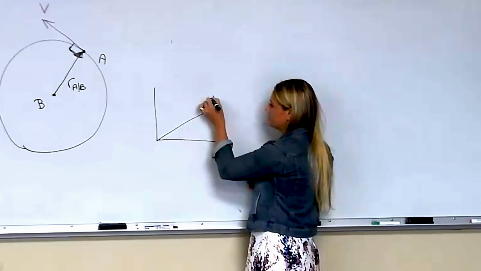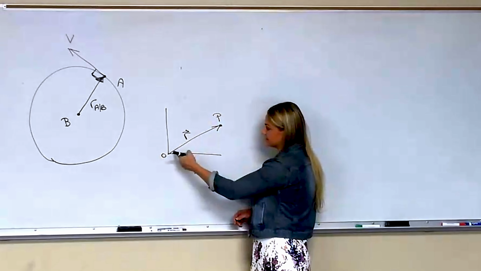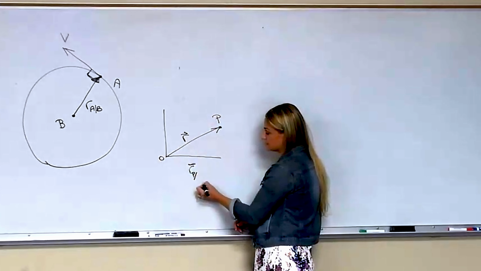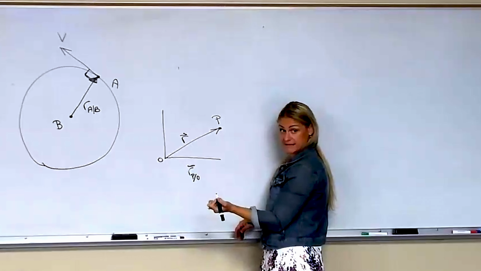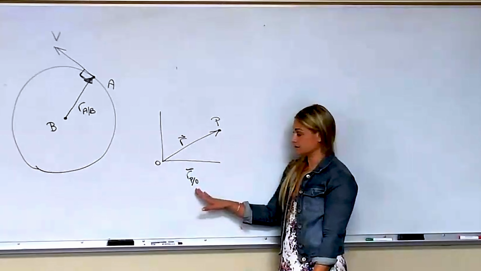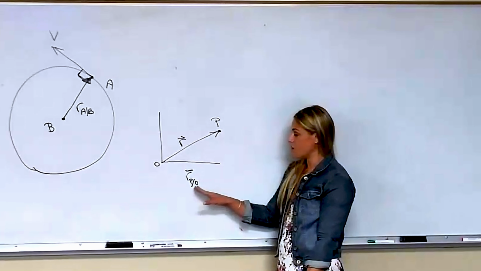If I labeled this point O, and then I said that this is a vector R to P relative to O, would that make sense? The reason that we don't, or one of the reasons that we don't normally declare or define that this is P relative to the origin is because we would be representing every single vector that is relative to an absolute origin with O.